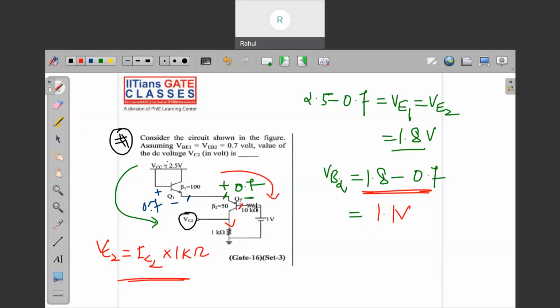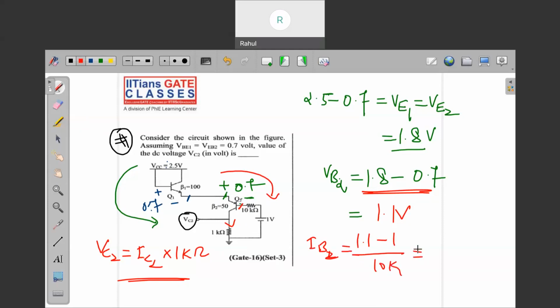The current in this direction: this side is bigger, so IB2 will be 1.1 minus 1 upon 10K.